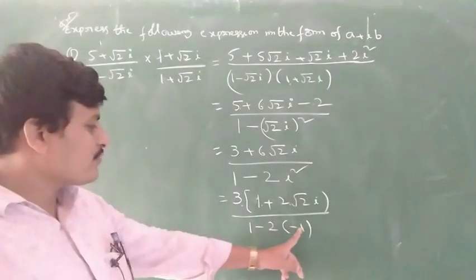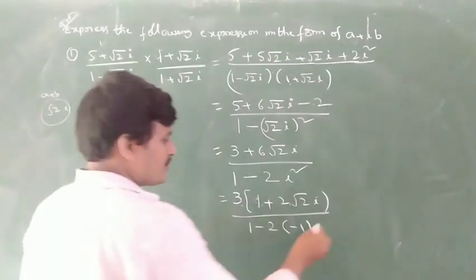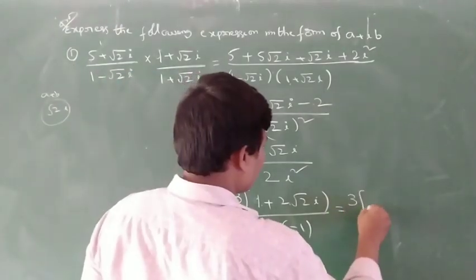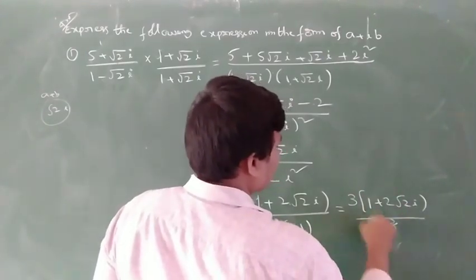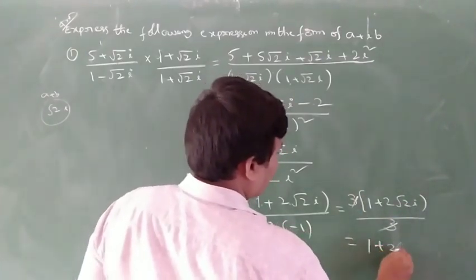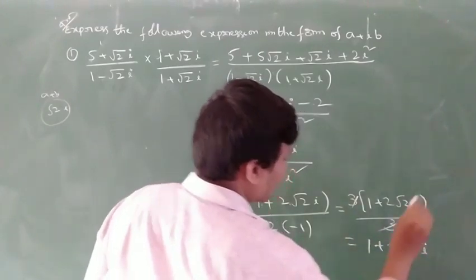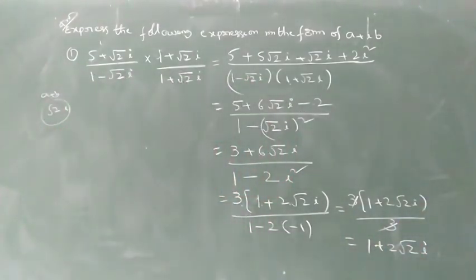So 2 into minus 1, minus into minus is plus. So that is equal to 3 into (1 plus 2 root 2i) by 3, 3 cancel. So 1 plus 2 root 2 into i. This is the a plus ib form.